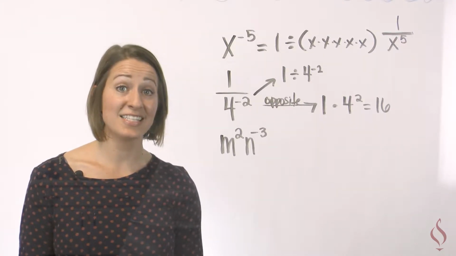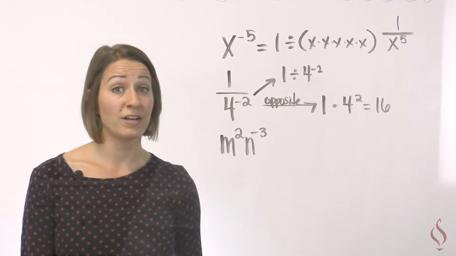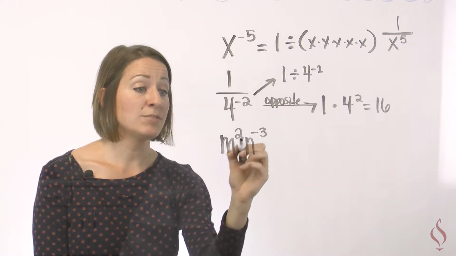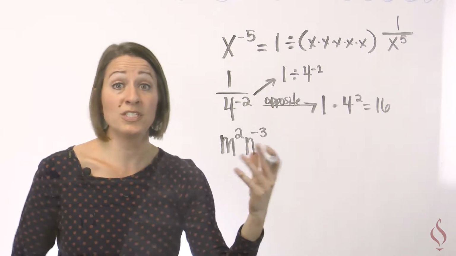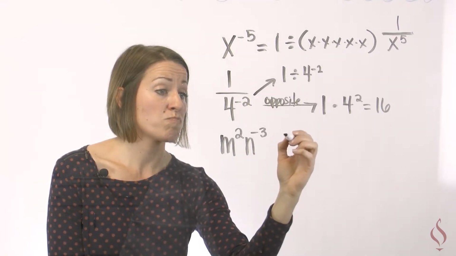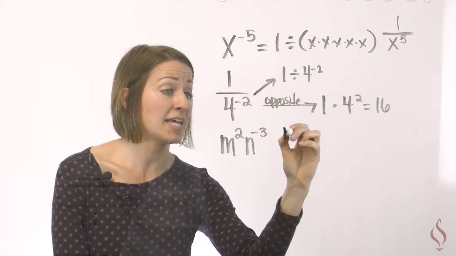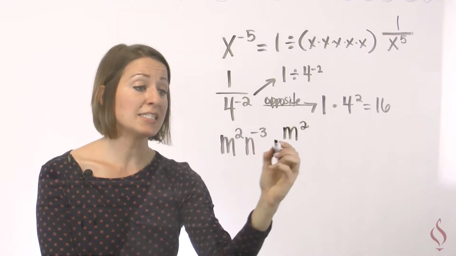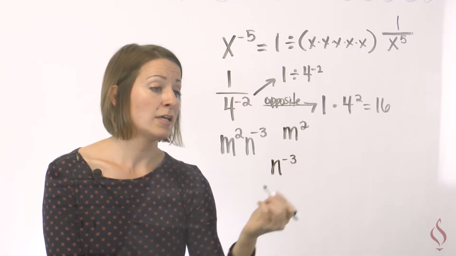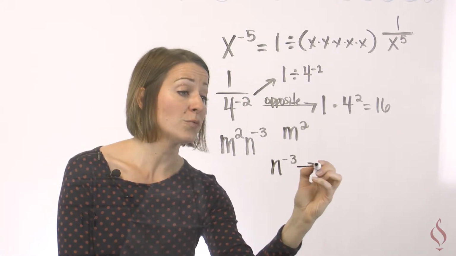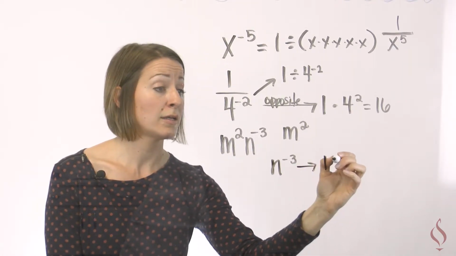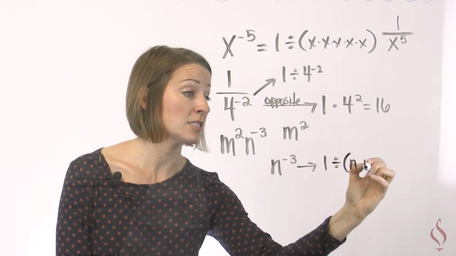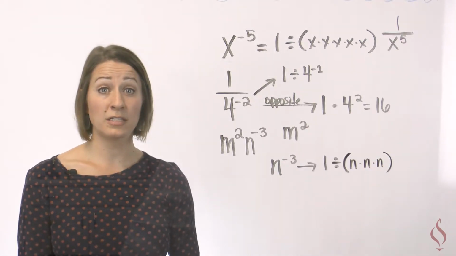Okay, let's take a look at this last example. This is m squared times n to the negative 3rd power. Notice that the m squared doesn't have a negative power, so it's okay. It can stay in the numerator, since we're going to eventually have a fraction. And remember, n to the negative 3rd power really means 1 divided by, because we're going to do the opposite, the product of 3 n's.